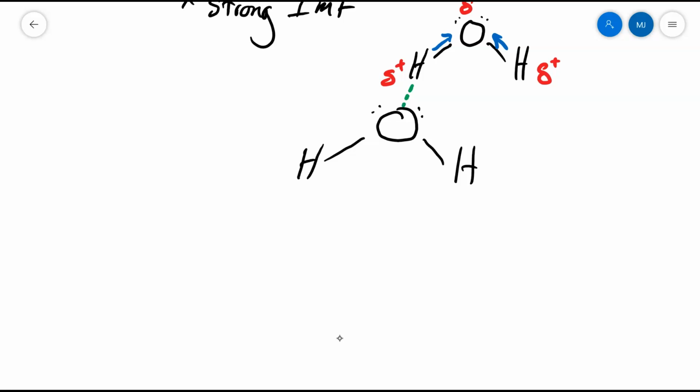So water, because it forms these really strong bonds to its neighbor, is a liquid at room temperature. That is actually quite unusual. All the other small covalent compounds, carbon dioxide, hydrogen disulfide, any small covalent compounds are gases at room temperature. It's only because of these really strong intermolecular forces that allow water to be a liquid.